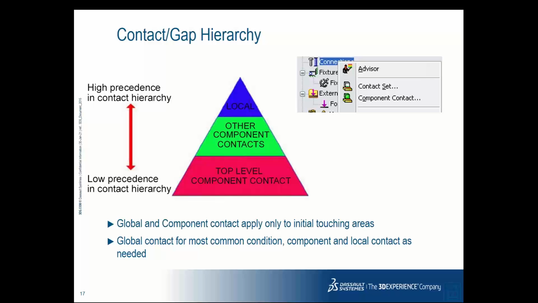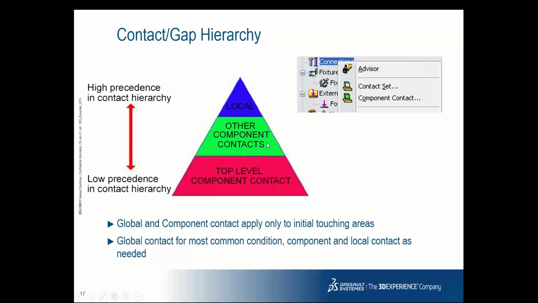We need to define connectors to tell the software how the components are behaving with respect to each other. Suppose there's some kind of sliding motion involved in your model between two components. We need to tell the software that these two components are sliding on each other, and you consider those factors while simulating.